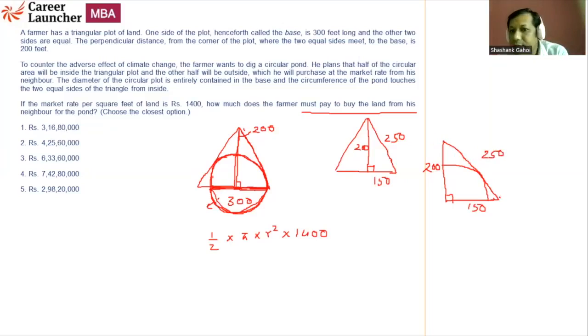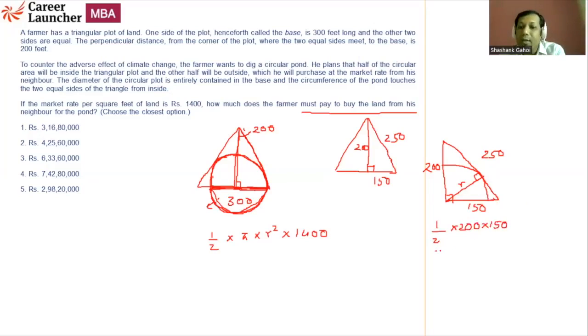Now the hypotenuse is tangent to the circumference, so this is also going to be 90 degrees. Basically the radius is perpendicular to the hypotenuse. So how are we going to figure it out? Let's say this is R. What is the area of the triangle? That is half into 200 into 150, half into base into height.